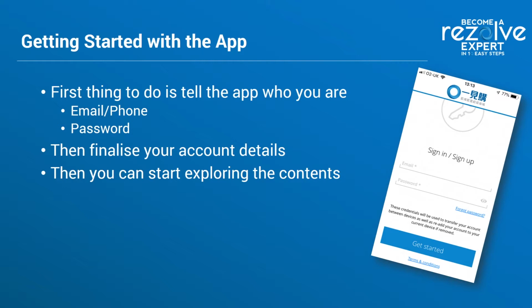But if you haven't, it'll say, oh, okay, you're a new person, welcome, let's get you signed up, and it asks for a few extra details, and once you're in, you can start exploring the contents. So without further ado, we're going to switch to the app and show you how that looks and works.